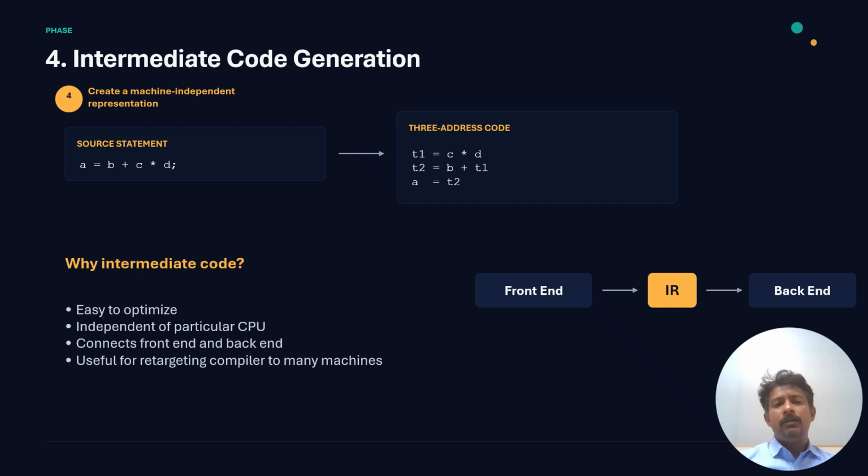Here, T1 and T2 are temporary variables created by the compiler. This makes the expression simple step by step. So intermediate code generation converts the program into a simple machine independent form.